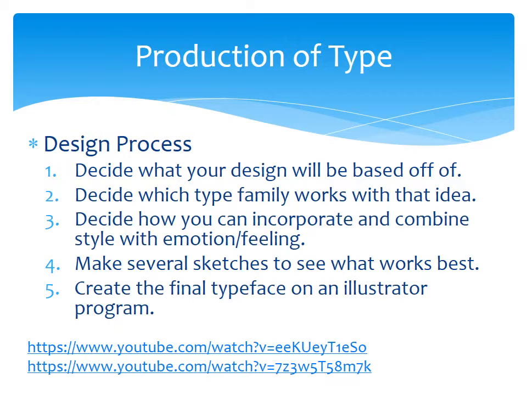So she explains it in the video. I won't go into all of that. You can watch the video and see. But she took an idea of incorporating flowers and just the cell life of plants and incorporating that into an awesome font. The second thing is decide which type family works with that idea.